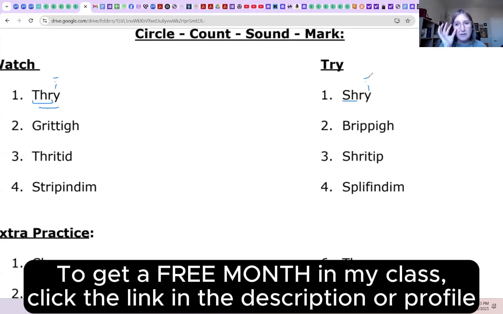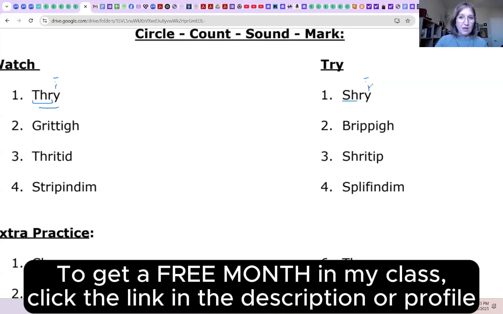That R is going to be the hardest letter to read in this word because it's not easy to wrap your tongue around the shape of those sounds and get them out in the right order. But you can force it, you can do it. So this SH is going to say shh, right?